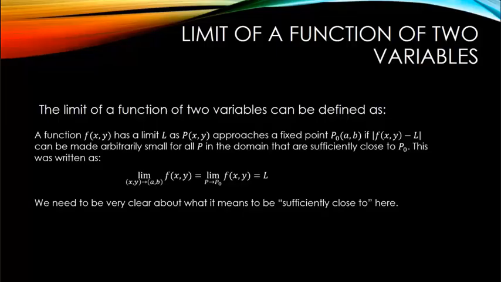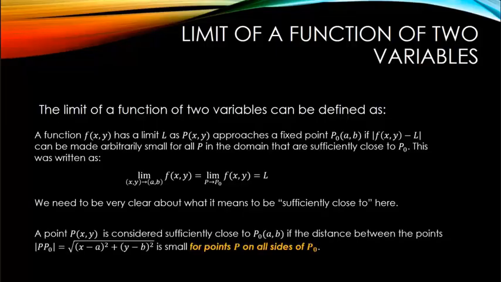Now, we need to be really clear about what sufficiently close means in the case of more than one variable. The point P of x y is considered sufficiently close to the point P sub naught of a b if the distance between the points, given by the square root of the quantity x minus a squared plus the quantity y minus b squared, is small for points P on all sides of P naught.